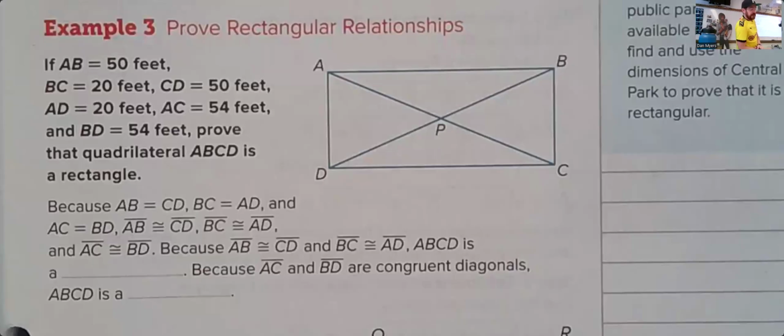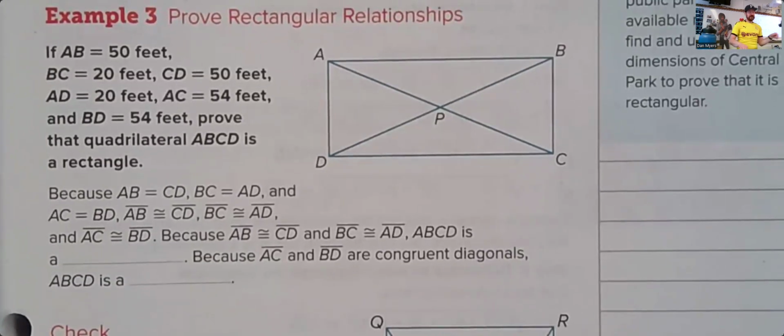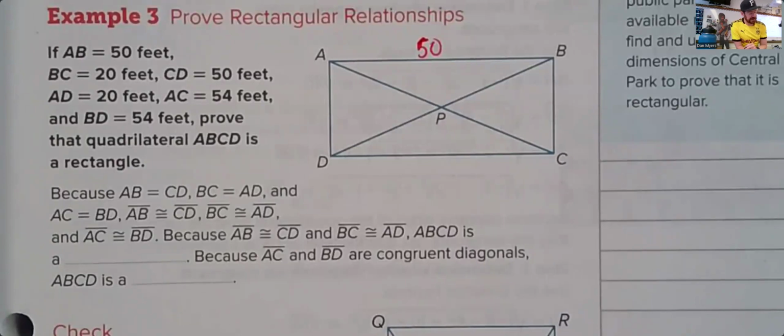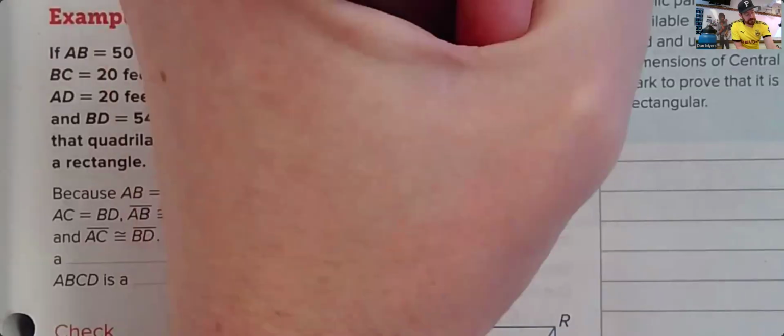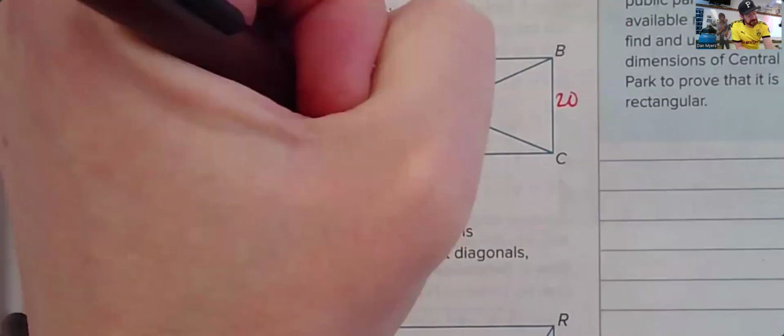So here we go. It says that AB is equal to 50 feet. Let's go ahead and label this then. AB is 50 feet. BC is 20 feet. CD is 50 feet.